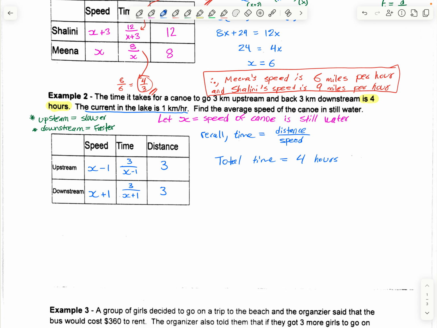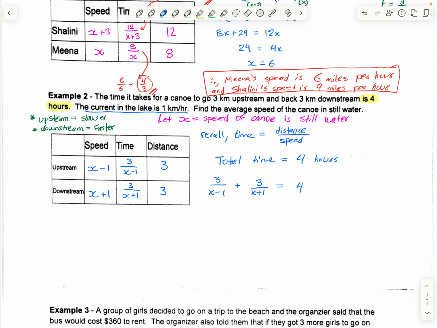We just add the times, this expression and this expression, right? So 3 over x minus 1 plus 3 over x plus 1 is going to equal 4 hours, right? The time that it takes the canoe to go upstream and then downstream is going to be 4 hours. And I've just figured out what those times are right there.